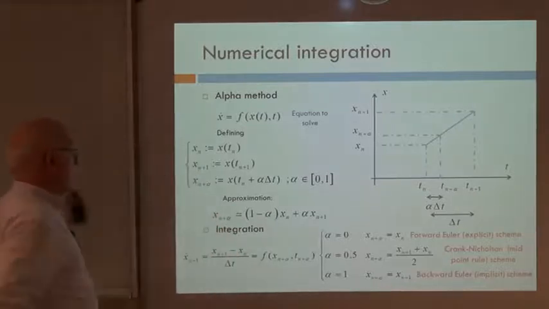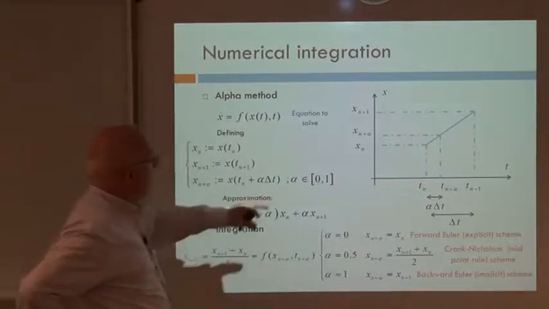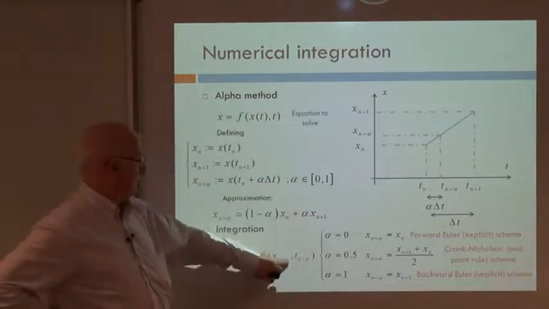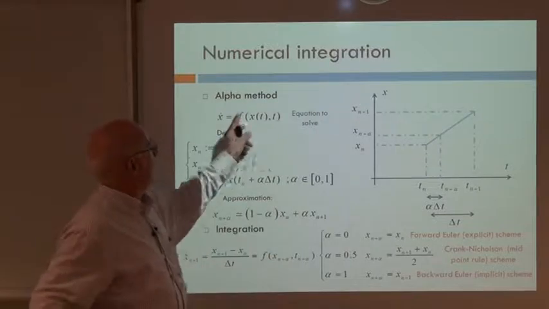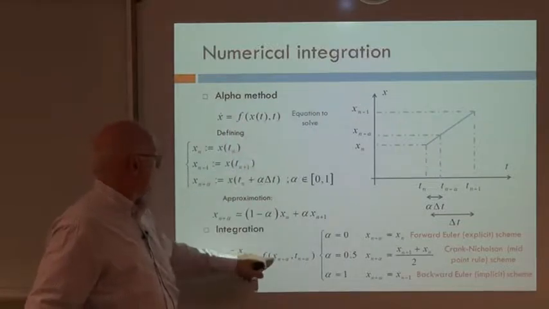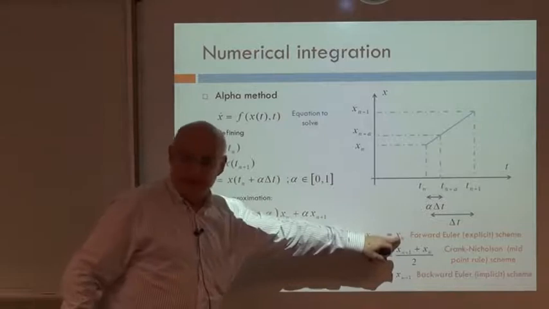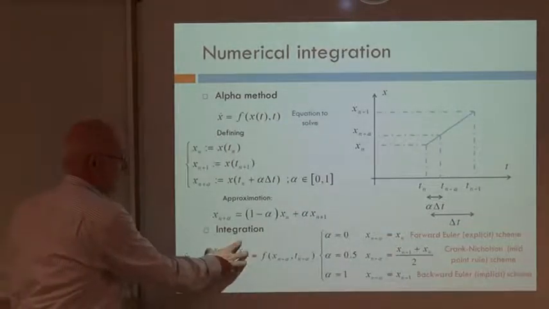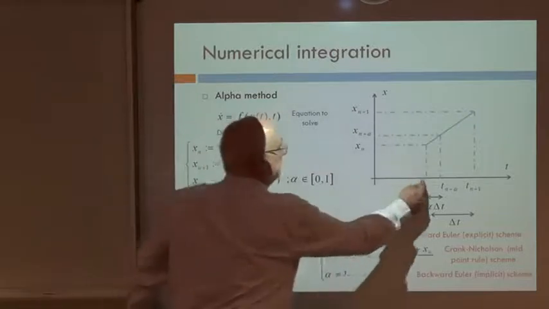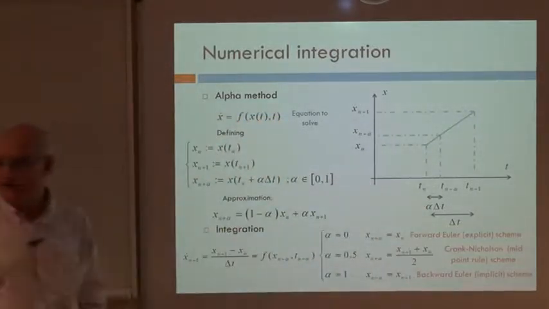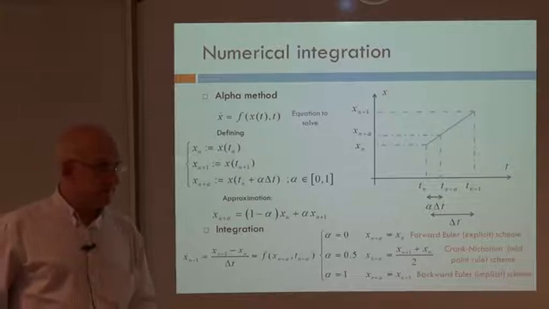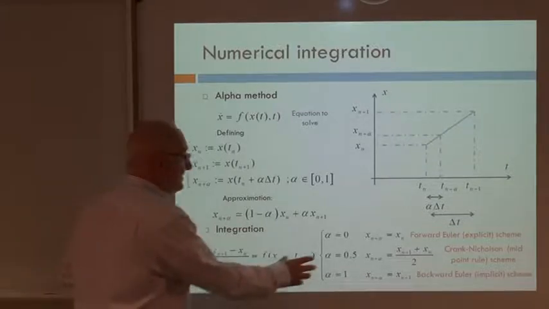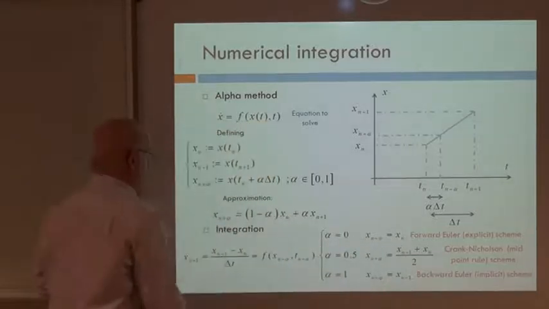For instance, what if alpha is 0? Then at the right-hand side, the function f is evaluated at xn. I put the value of the function at xn.